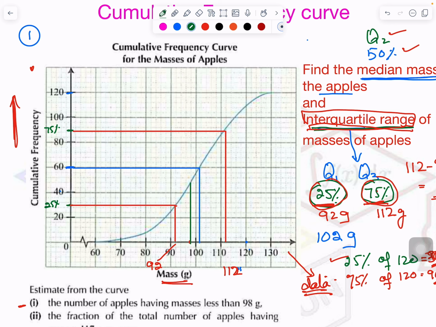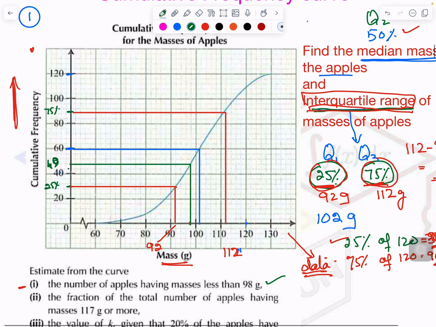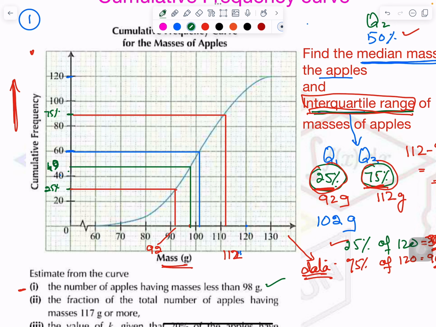Okay, and then I will read from here, because each box reading is 4 units, so 44, 48. So I will say 48 apples have mass less than 98 gram. Okay, now let's see. The third part I will not explain right now. I will focus on the first and second parts.